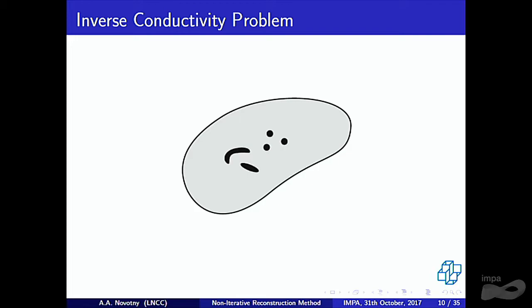Okay? In particular, as a model problem, as I told before, I choose the EIT problem, but of course it's not restricted to this kind of problem. But it fits the framework in the sense that the idea is the following. Given a geometrical domain, we have some inclusions, some anomalies hiding inside this domain.